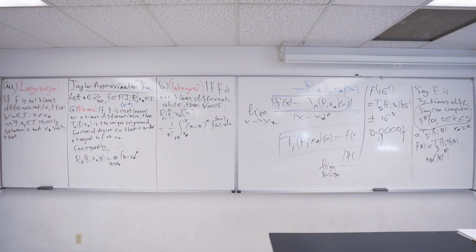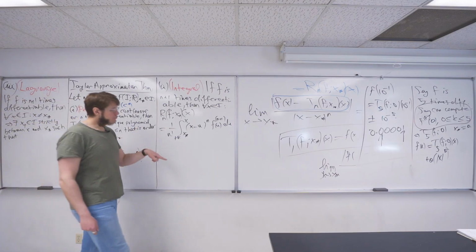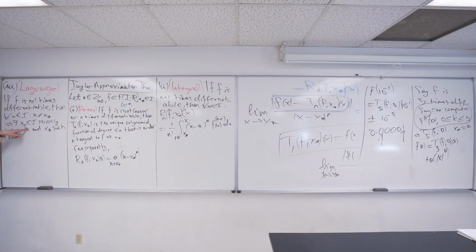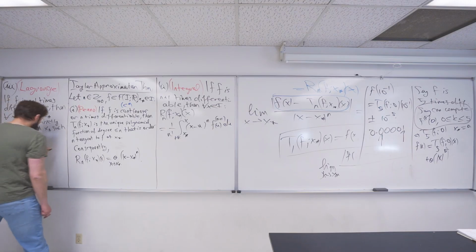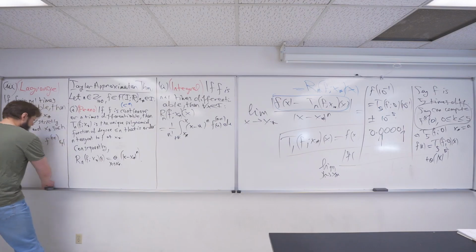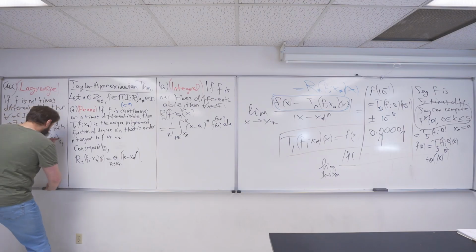Such that, again, the nth remainder at x is exactly the n plus first derivative of f evaluated at this new point x dagger divided by the appropriate constant. Like this divided by this.